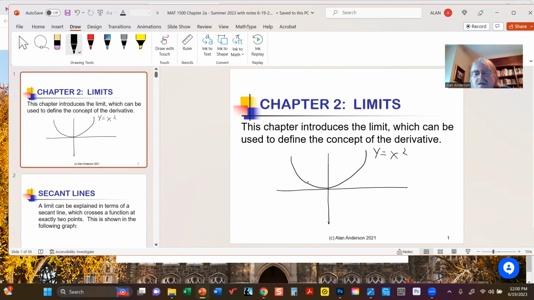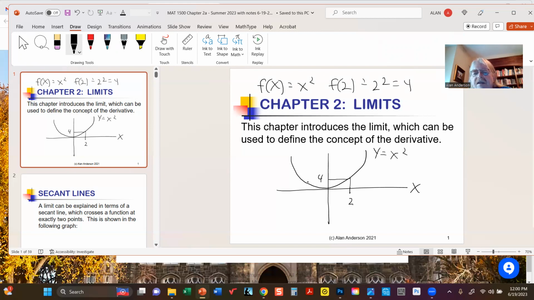So imagine here's x, and let's say this is 2. And of course, this would be 4, because if f of x is x squared, then f of 2 would be 2 squared, which is 4.